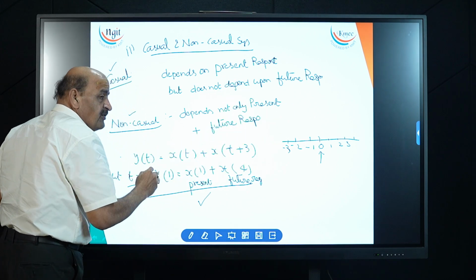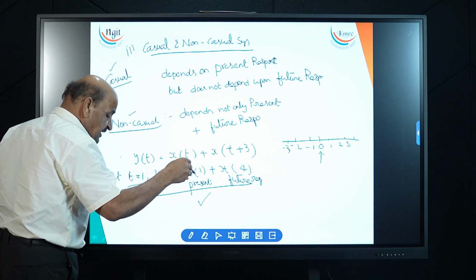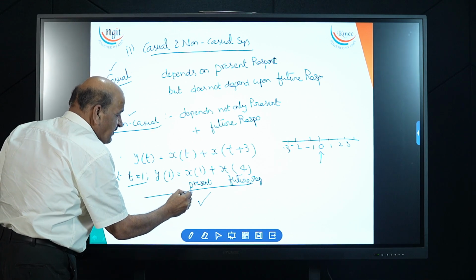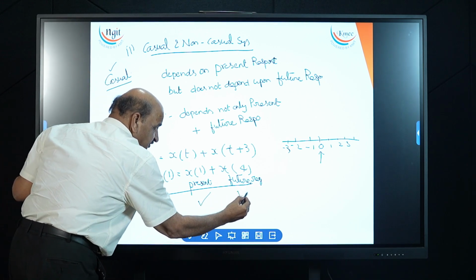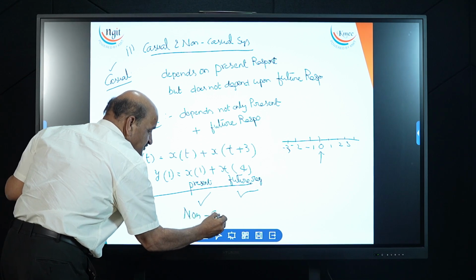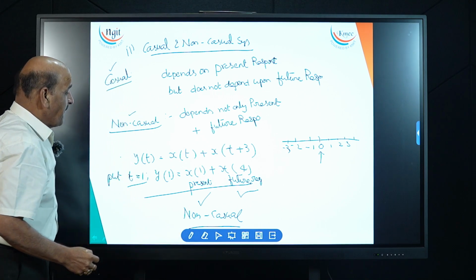After 1, you go to 2. After 2, 3. After 3, 4. This is future response. Therefore, it depends upon the present as well as the future. Therefore, the system is called a non-causal system.